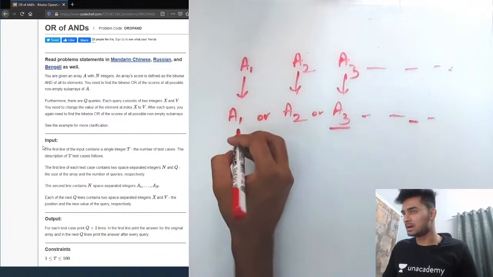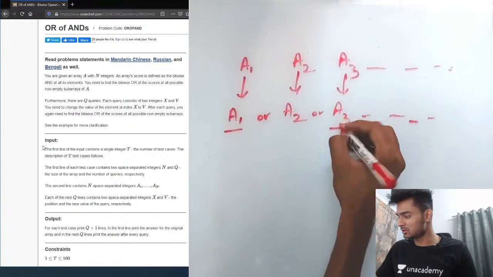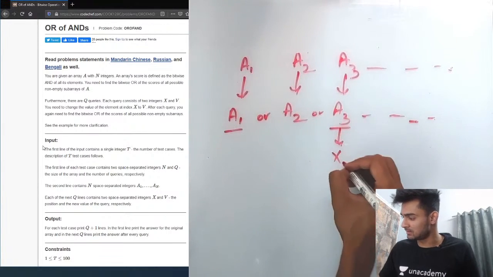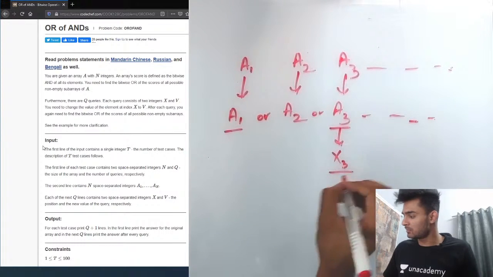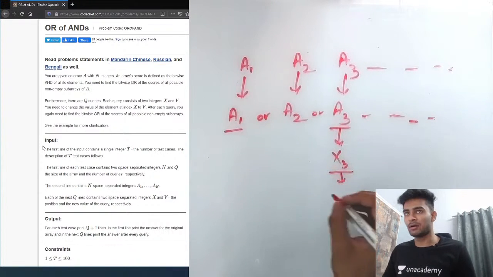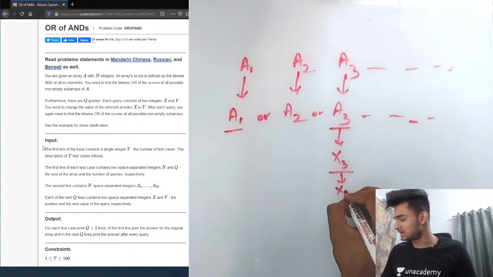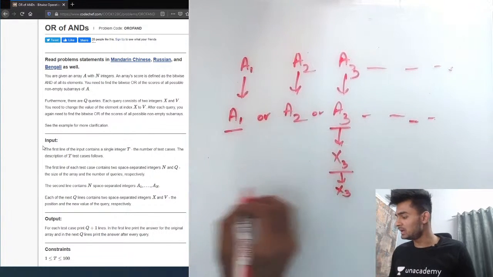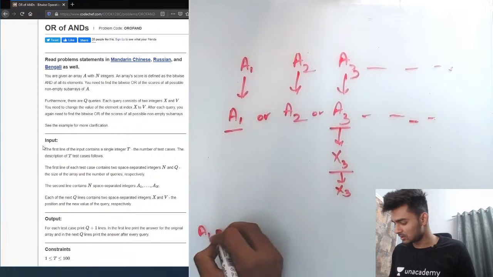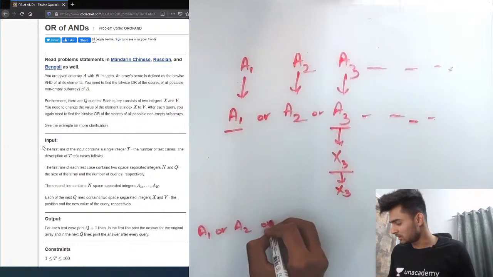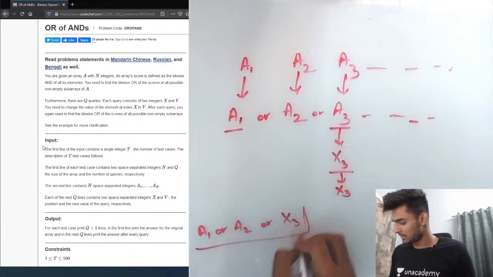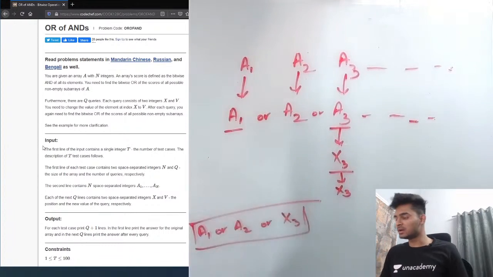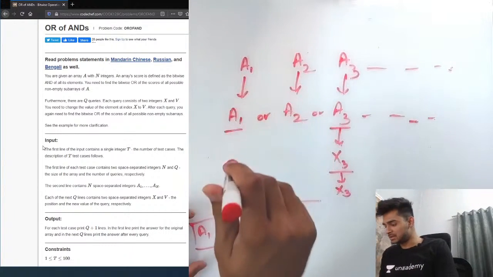Now let's say we were asked to replace this A3 with x3. We know that from all its subarrays, the value that we'll have to add in the answer is going to be x3 only. So what we need now is a1 or a2 or x3. We can run a loop for every index and find this value.